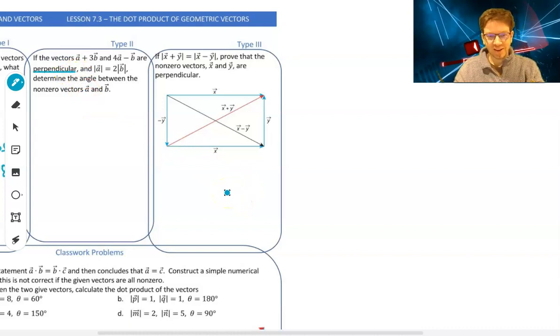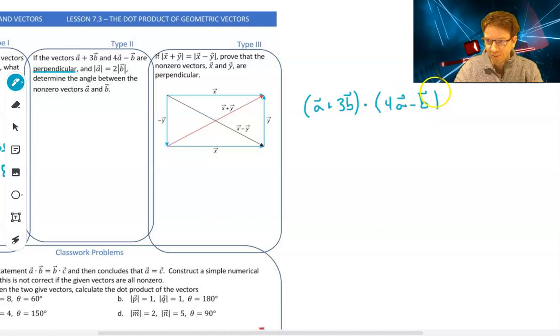Remember I said the dot product is a great way to determine if vectors are perpendicular because it equals 0. So what we know then is that these vectors, a plus 3b dot 4a minus b, their dot product will be 0 because we know they're perpendicular. Okay, so let's work this out.